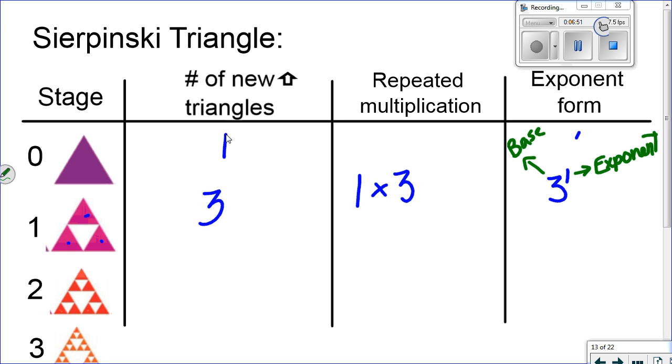Okay? So we're going to multiply 3 one time. So remember, base and exponent. So let's move on to stage 2. How many new triangles are there now? We're splitting the shaded triangles into 4 triangles, and there's 3 new upward facing.